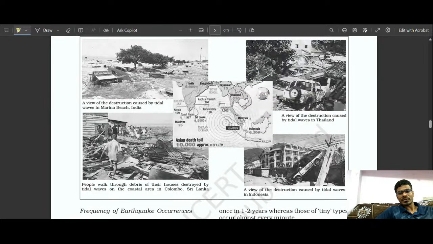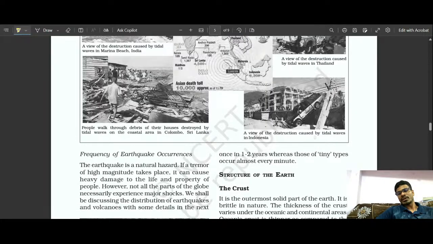Here we have Andaman, Nicobar, Andhra, and these coastal areas are most vulnerable to this kind of phenomenon, because the coastal area suffers devastation; the tsunami of 2004, we know, was based on an earthquake. A view of destruction caused by the tidal waves in Thailand, and in Indonesia.